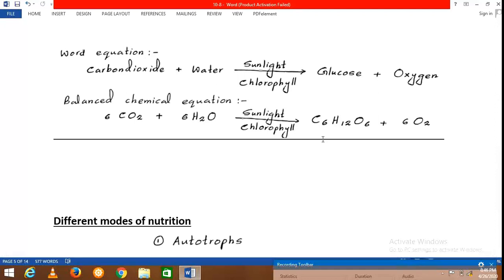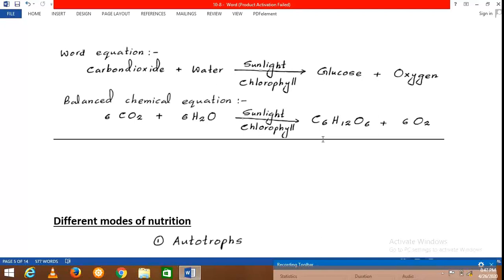You know that photosynthesis takes place in green plants, and the main photosynthetic structures are the leaves. As a result of photosynthesis, glucose is produced.